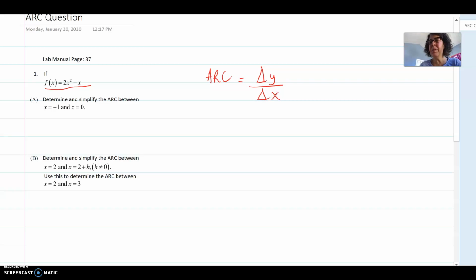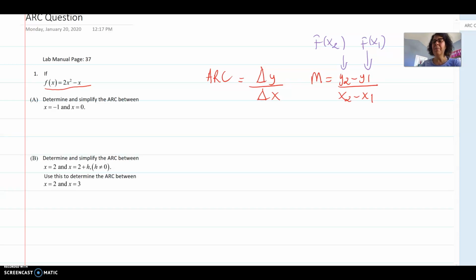This is a common misconception. Oftentimes, students put the differences between the x values in the numerator. Pay attention to that. It is actually slope, right? Good old slope formula, y2 minus y1 over x2 minus x1. Your y2 value will be f of x2, and y1 will be f of x1. If you plug x2 into the function, you will get a value.